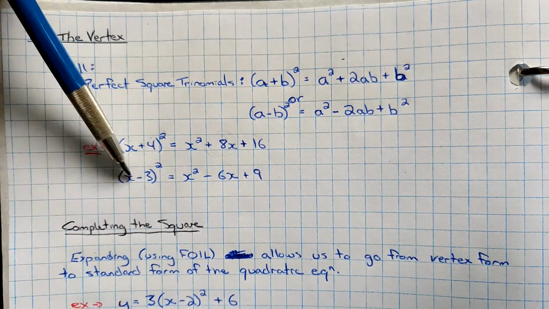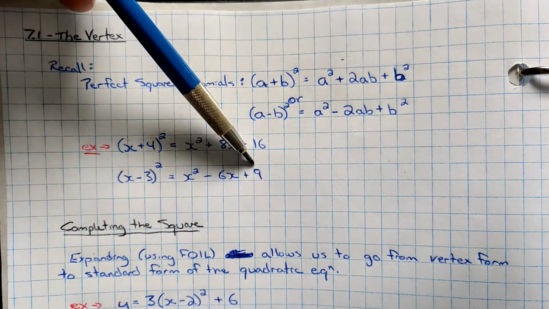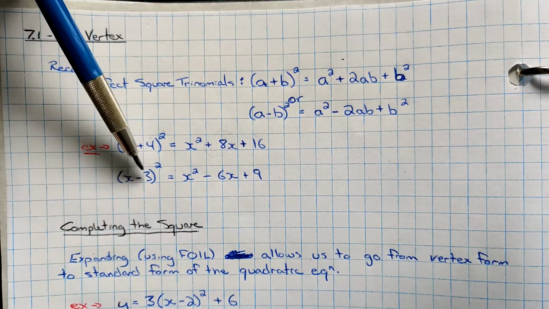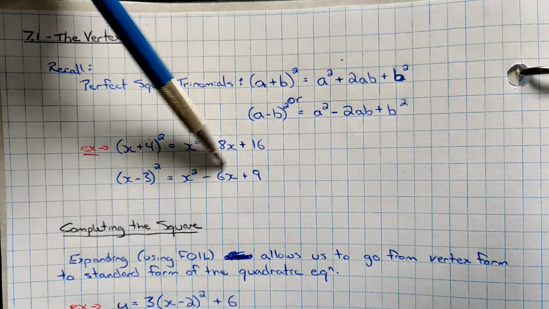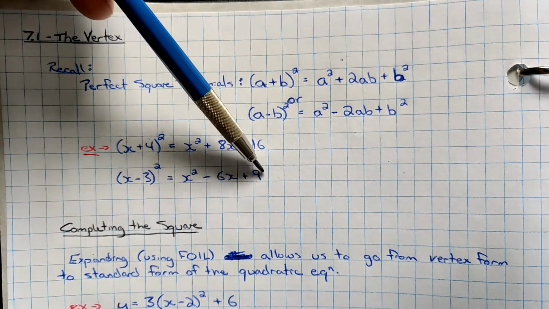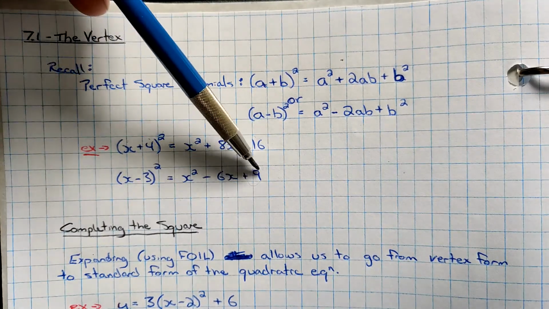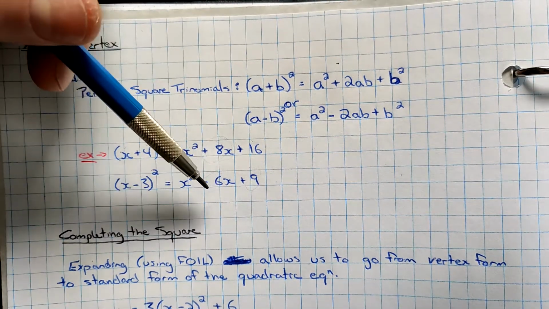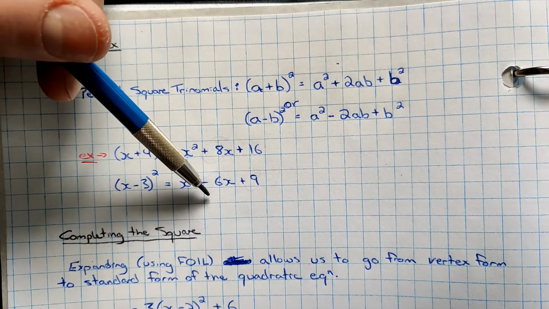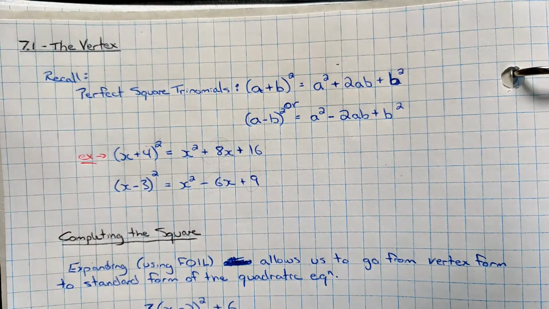Same thing on the next one, (x minus 3) squared, and then 2 times negative 3 times x would be negative 6x. And again, we can take that backwards and just look at this situation where this here is 2 times the square root of that.